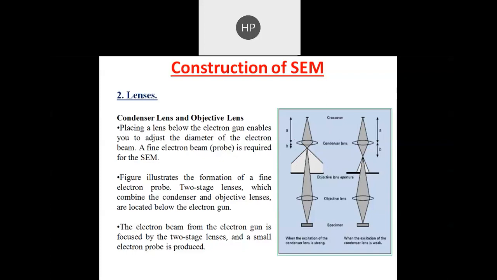So this A by B, its focal length will change, and according to that focal length the amount of electrons passing through the gap of the objective lens changes. Based on that the number of electrons will pass and we can get the image.